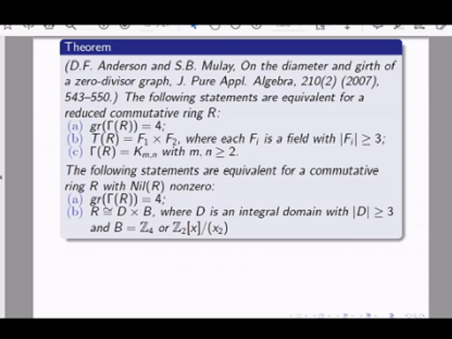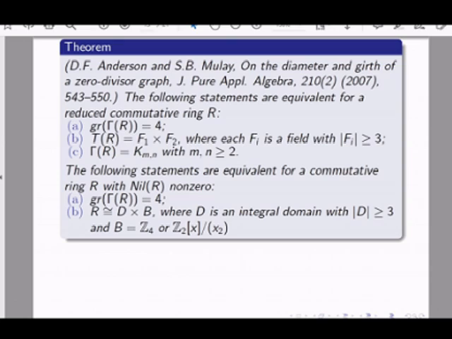Anyway, so I know what my ring is, or at least I know what the quotient field of the ring is. If the quotient field of the ring is F1 product F2, where F1 and F2 are fields, then... and they did the same thing when the set of nilpotents is non-zero. So if the girth is 4, they tell you what the ring looks like. And this is the kind of relation I am interested in.